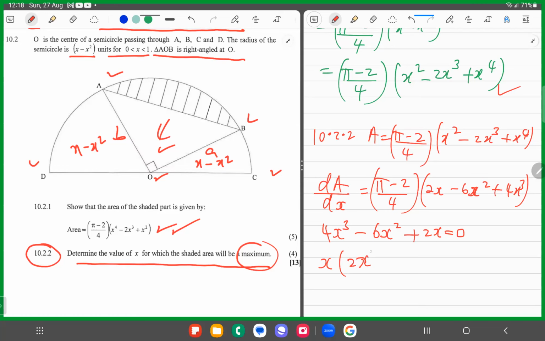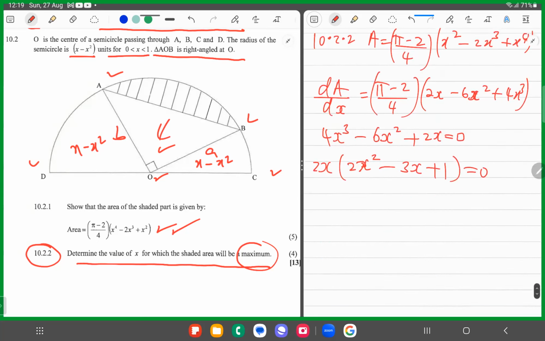Now the common factor, you can pull out just a 2x. And then that gives us 2x times (x squared minus 3x plus 1) is equal to 0.